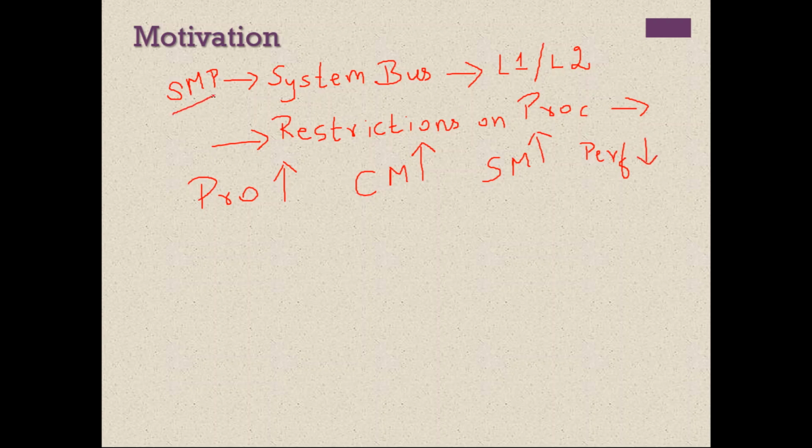So the drawback with SMP is mainly centered around the system bus. As the system bus is slower, we are introducing L1 and L2. But when you introduce L1 and L2, there is a restriction on the number of processors that can be placed on the SMP. Because if you increase the number of processors beyond a certain limit, the number of memory accesses will increase, then the number of cache misses will increase. So you may have to access memory more and more, and again you have to use the system bus, which will degrade the performance.